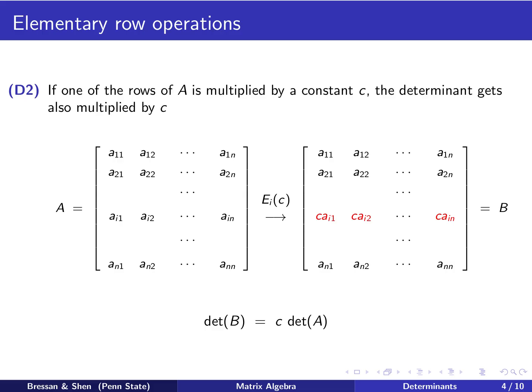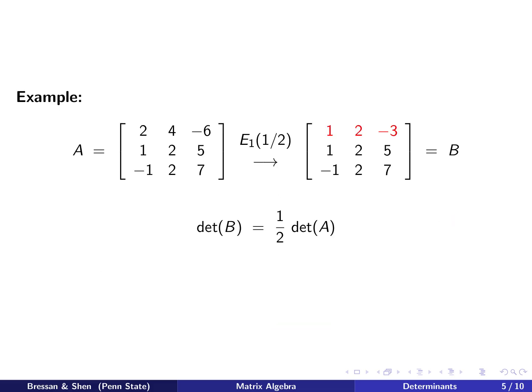So let's see. First one, if we multiply a row of A by a constant C, what happens to the determinant? Well, the determinant simply becomes multiplied by C as well. So let's say this is the A matrix, and then I multiply the ith row here by C. I get this new matrix, I call it B. Then the determinant of B is just C times the determinant of A. So a quick example.